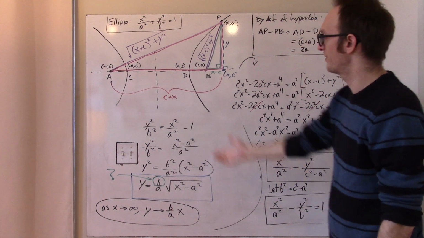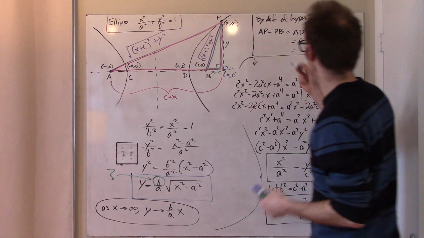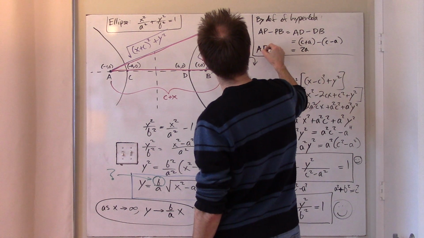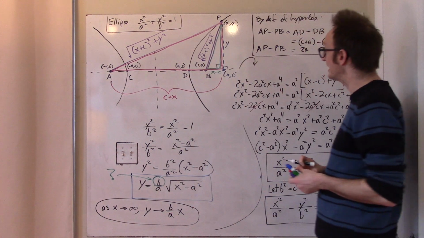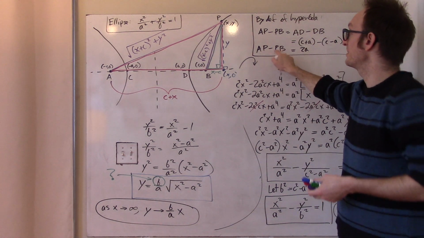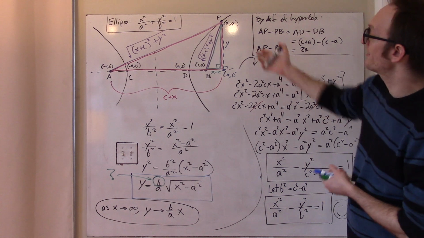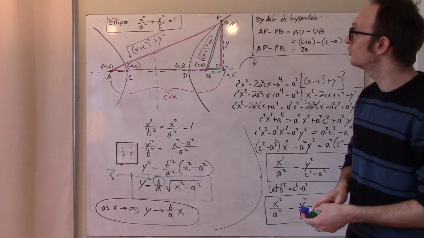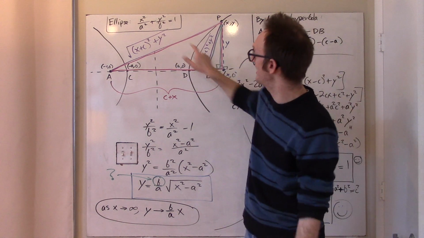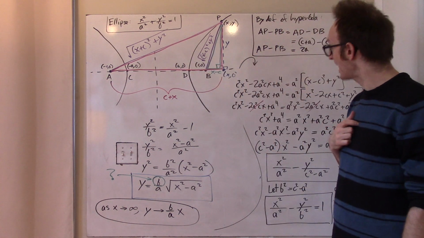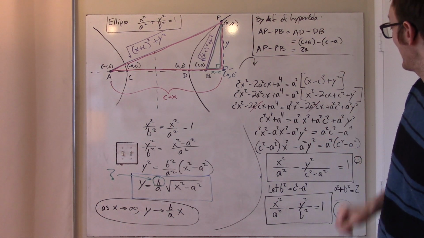So then, oh, that was erased, but we thus took this defining property of point P, that AP minus PB is 2A, and we ran with it. We did the geometry as shown here to find expressions here in purple for AP and PB, and we did a lot of algebra, most of which got erased, but then eventually landed us right here.